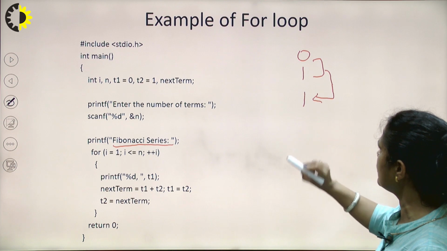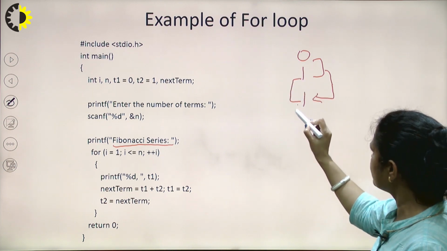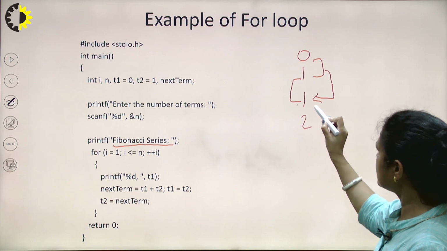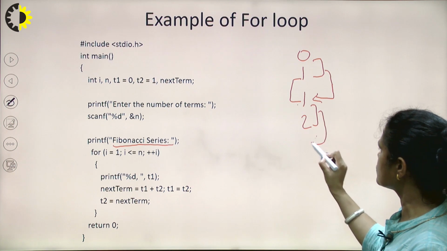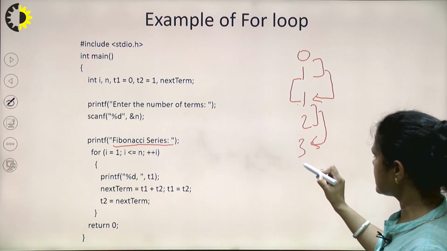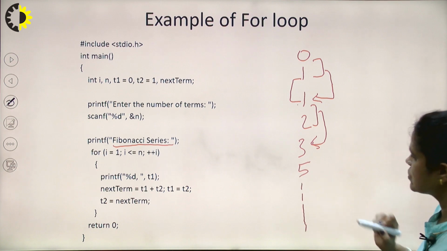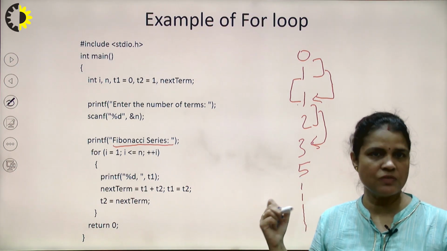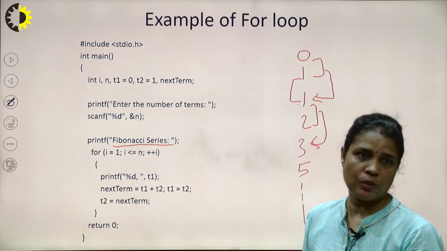So it is again 1, and the next term is the sum of the previous two terms, so this is 2. Then again, the next term is the sum of the previous two terms, that is 3. The next term is 5, and so on. So like this is the Fibonacci series. We need to print this Fibonacci series through C programming, right?